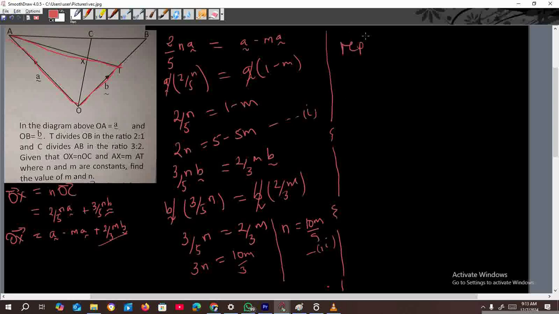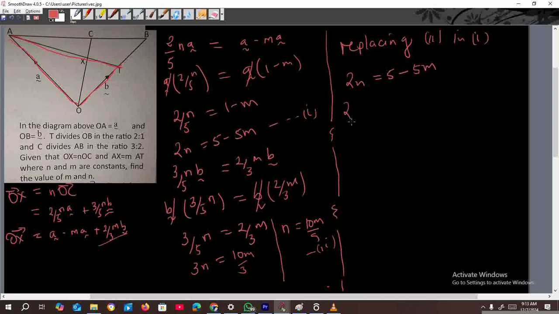Replacing equation 2 in equation 1, we are going to have 2N be the same as 5 minus 5M. But in equation 2, N is given as 10M over 9.